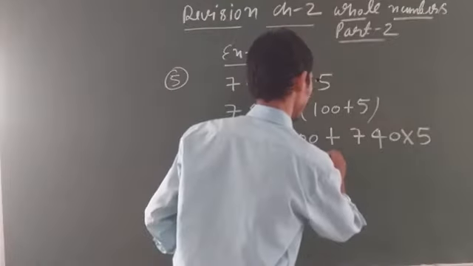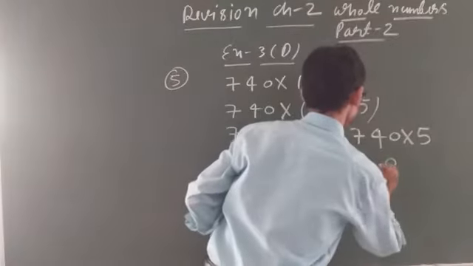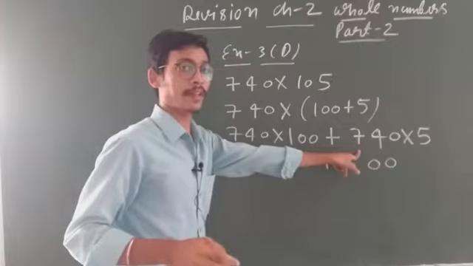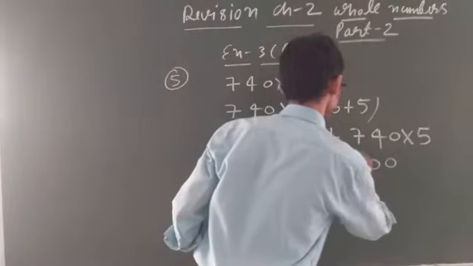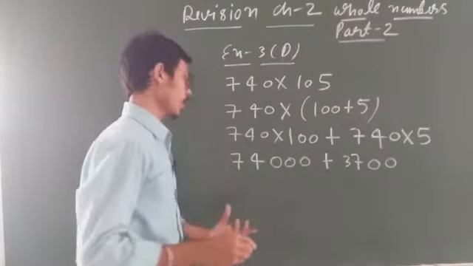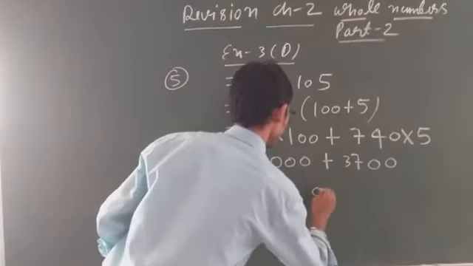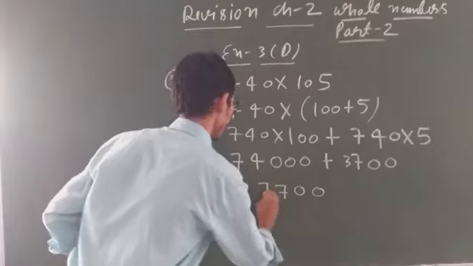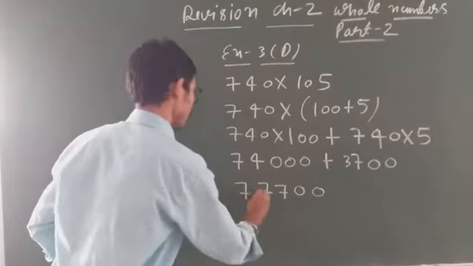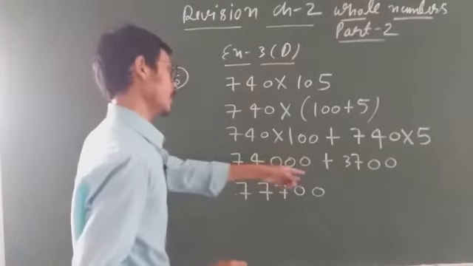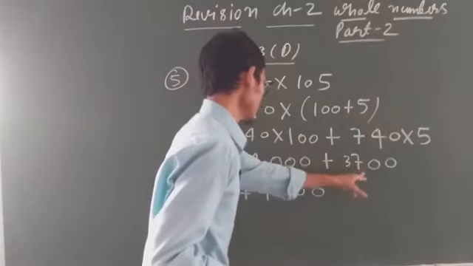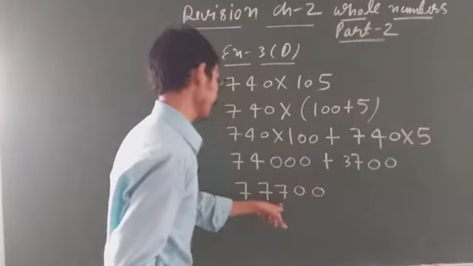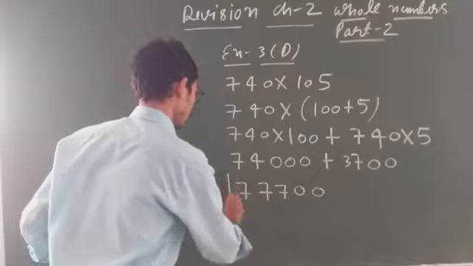And next what will it become? 3700. 5 4s are 20, 5 7s are 35, 35 plus 2 is 37. Clear? Now you will add. 0, then 0, 7, 4 plus 3 is 7. Clear, student? And this is also 7. If there is any mistake in addition, you will check: 0 0 0 0, it's 7, and 3 plus 4 is 7. Okay. So this is our answer.